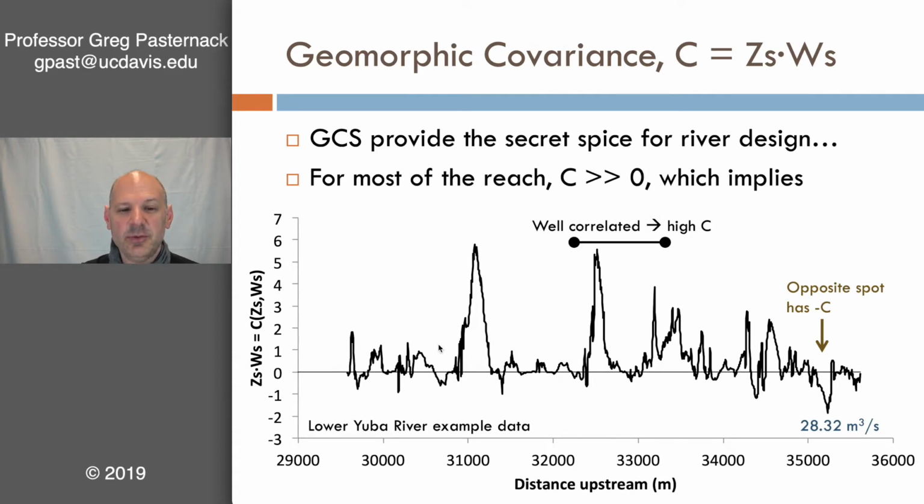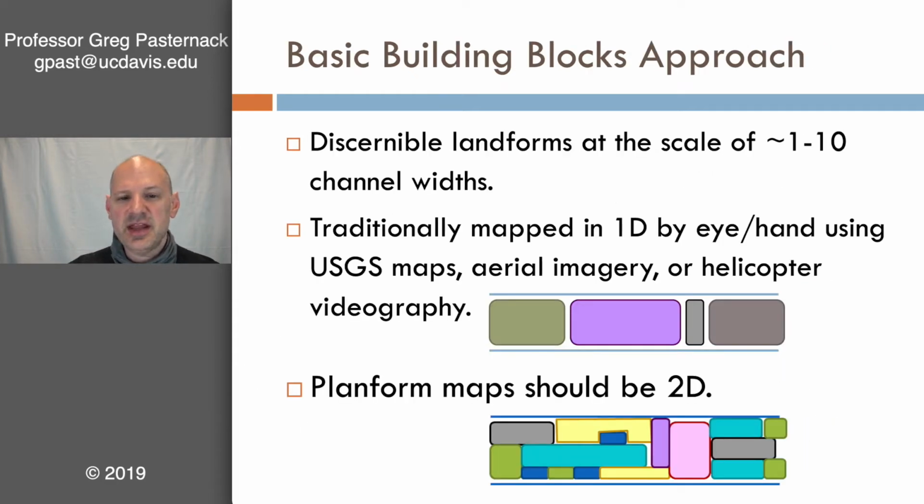However, we're going to have a little bit more involved thing here. This is work that I layered on top of Rocco's work. Rocco got us to these covariance structures, which is really cool. And then I took it further by creating a classification of landform types that I'll be showing you next. So this just reminds us that we're going to be back into the building block framework from that continuum approach.